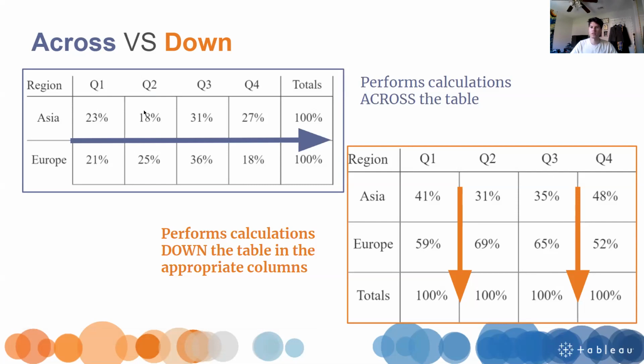Maybe in Asia, we would want to reduce prices for flights or add some kind of bonus with our different partnering corporations to have people travel more in Asia during quarter 2, and maybe we can do the same for Europe in quarter 4, since there's relatively low performance. So just to reiterate, on a very high level, table across is looking at calculations across, the table down is looking vertically, so top to down.